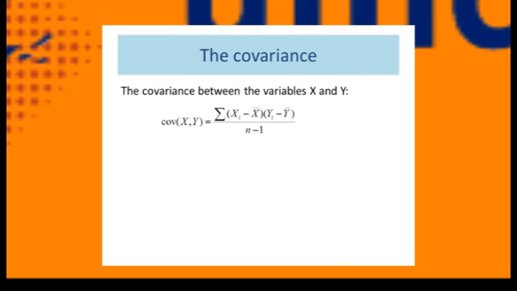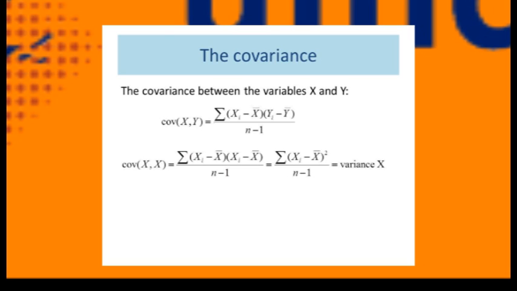A possible way of expressing the relationship between two continuous variables is by calculating the covariance. The formula tells us something about the covariation of 2 variables. It's calculated by summing up the cross products of the deviations of both variables x and y and dividing by n-1.